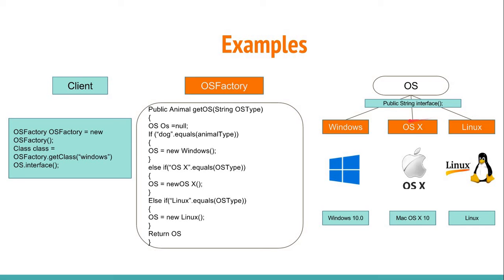So the Windows class will return the interface method and return Windows 10. Same for OS and Linux.